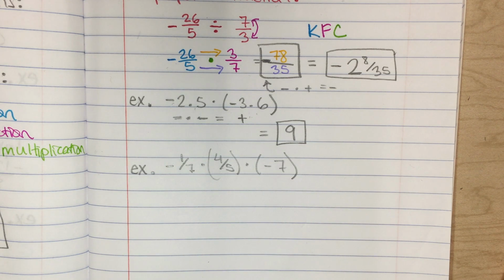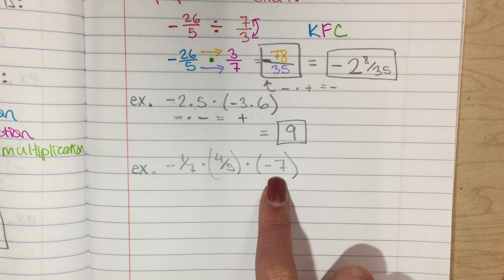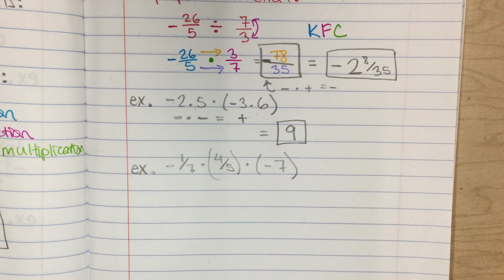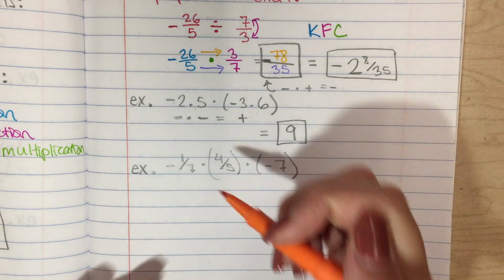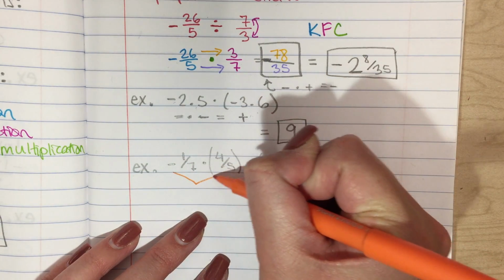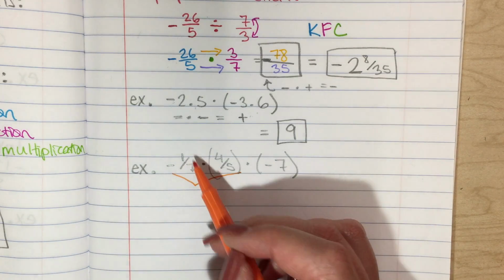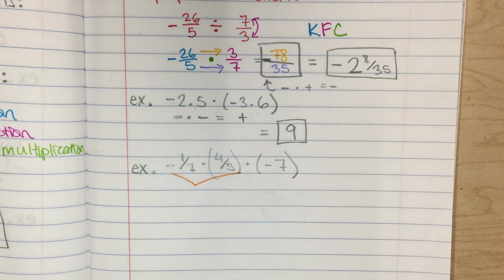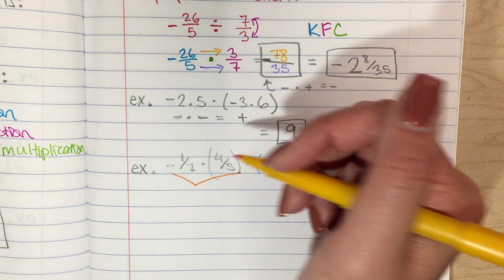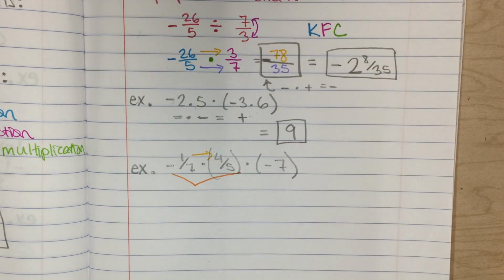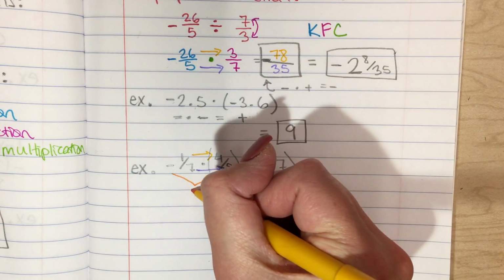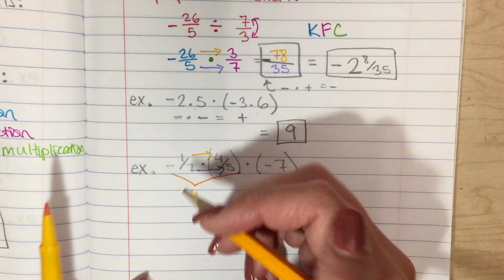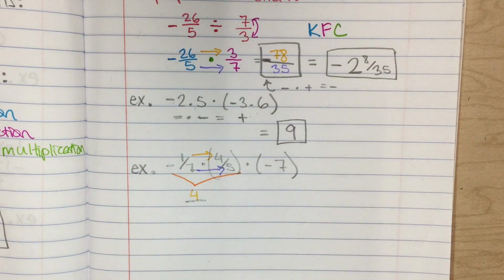So when you have multiple things multiplied together, we need to think of our order of operations. This is all multiplication, all on the same level, so I just move left to right. So let's start by multiplying my first 2 fractions together. Let's do negative 1/7 times 4/5. Since I am multiplying, all I need to do is multiply the numerators and multiply the denominators. 1 times 4 is 4, and 7 times 5 is 35.